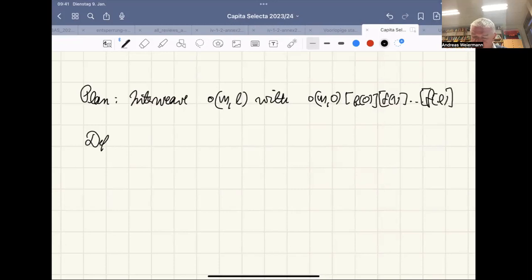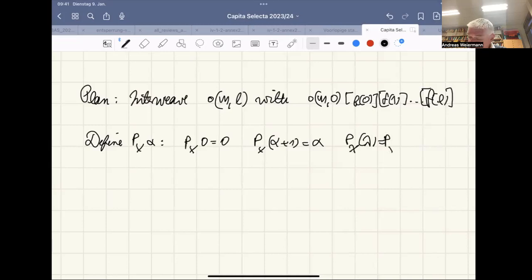First trick is we define a predecessor operation on ordinals, Px alpha. Predecessor of 0 is 0. Predecessor of alpha plus 1 is clearly alpha. And if lambda is a limit, the predecessor of lambda is the predecessor of lambda x. So what does this mean?